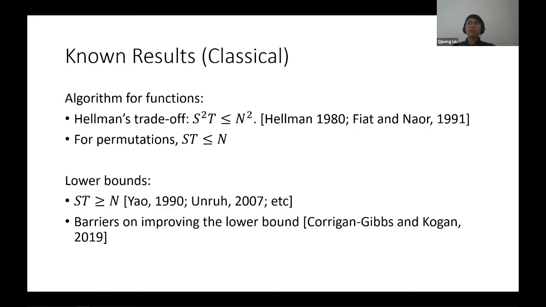For the lower bound, Yao and Yu proved st greater than n for both functions and permutations. In other words, s and t should at least satisfy st greater than n to achieve a constant probability of inverting. This is tight for permutations. However, there's a barrier between the upper bound and the lower bound for functions. Later, Corrigan-Gibbs and Kogan showed that any improvement on the lower bound would result in a new lower bound for circuit complexity.